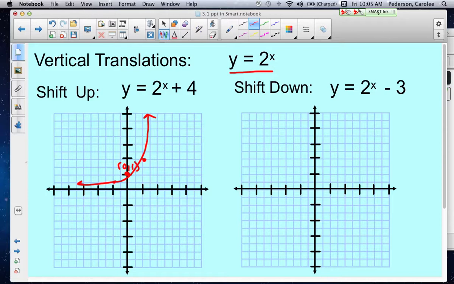It has that same horizontal asymptote, the critical point 0, 1. If I add 4 at the end of the function, where is it going to move it? Up 4. So just focus on the critical point, the y-intercept. So instead of it being over 0, up 1, it's going to be over 0, up 4.